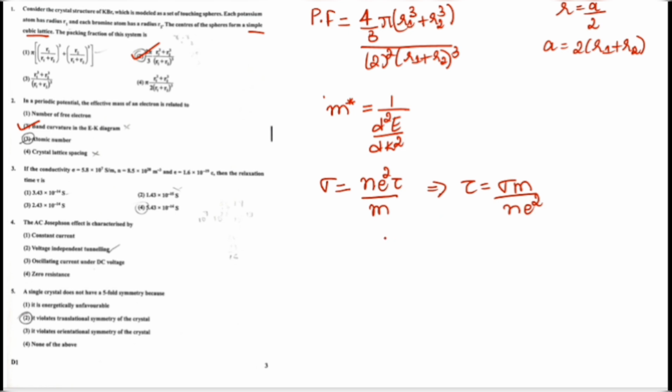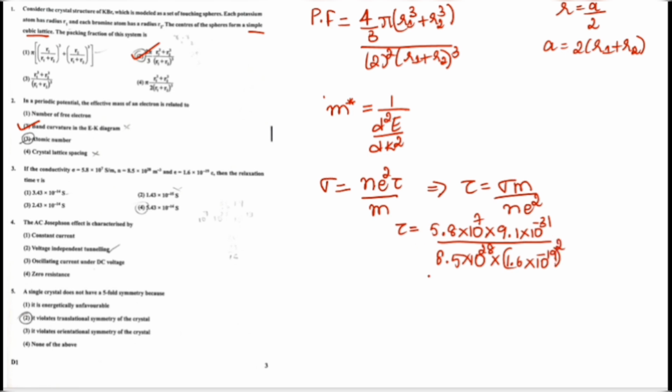After substituting the values, we get tau equal to: sigma, that is the conductivity, 5.8 into 10 to the power of 7, into the mass of the electron, which they have not given but we should know, it is 9.1 into 10 to the power of minus 31 kg, divided by n, the number density, which is 8.5 into 10 to the power of 28, into the charge of an electron squared, that is (1.6 into 10 to the power of minus 19) whole square.